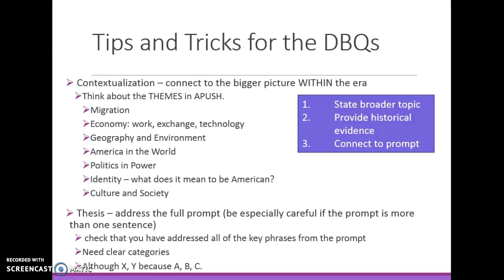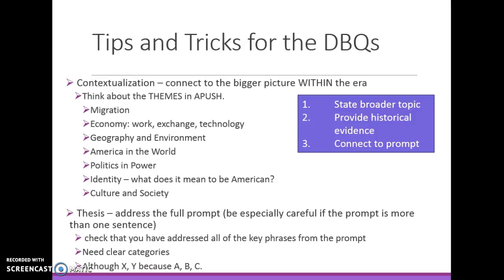Politics and power is all about the political history, so anything like specific laws being passed, or presidents. You could talk about Harding and the Teapot Dome scandal, or just in general the Republican government that controlled the 1920s. And then identity: what does it mean to be American during this time period?